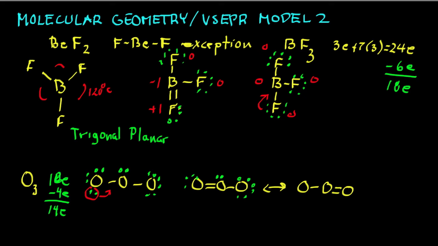But here's the thing I want to point out to you. Around this oxygen, there are 3 bonding domains. There's a double bond, a lone pair, and a single bond. 3 domains allows this to approach the trigonal model, 120 degrees. And this third domain, you say, well, where's the third bond?